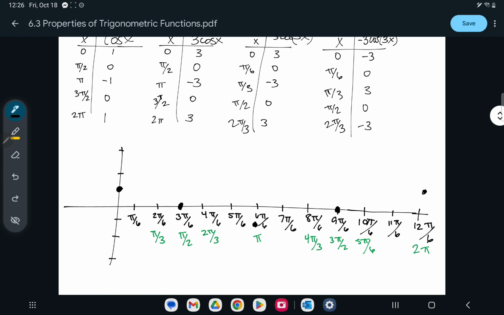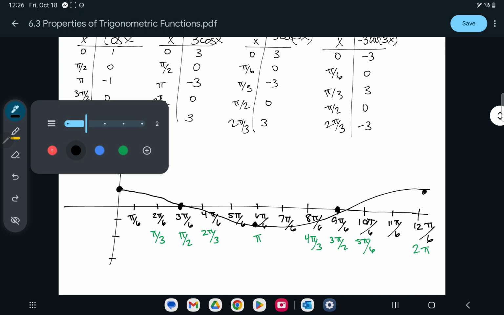So if I try and connect these, there we go. It's kind of what cosine looks like. Gosh, I need better graph paper or something.